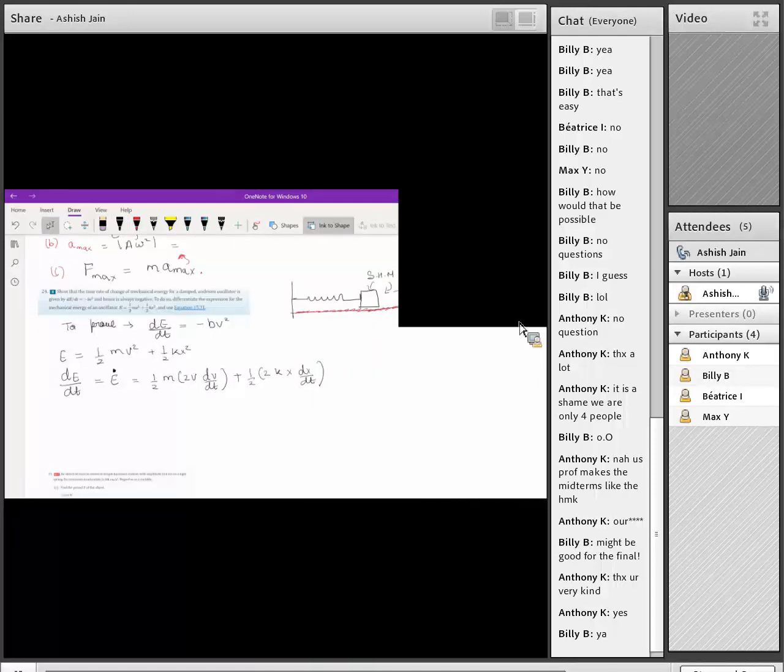Or I can make it easier: instead of differentiating with respect to time, I differentiate with respect to x. I'm not taking b as a variable. I can write dx by dt, and the next derivative means d2x by dt square.